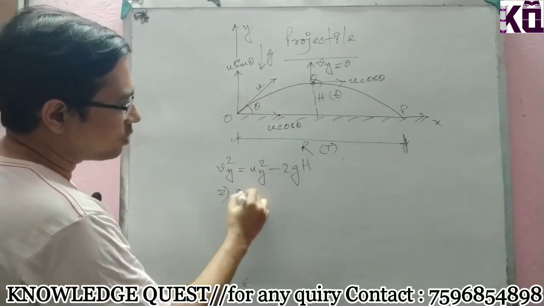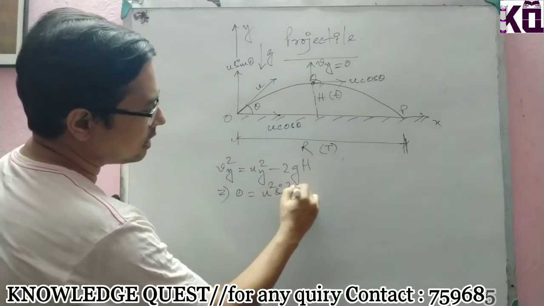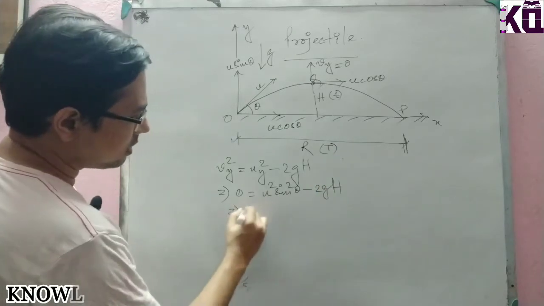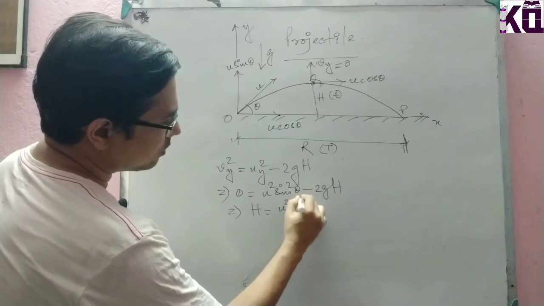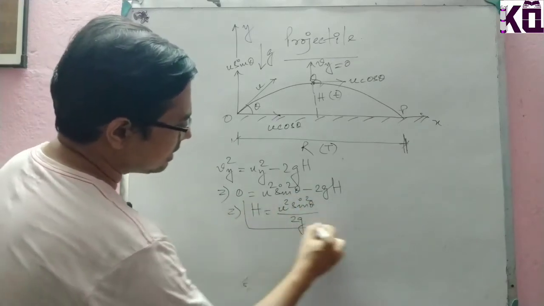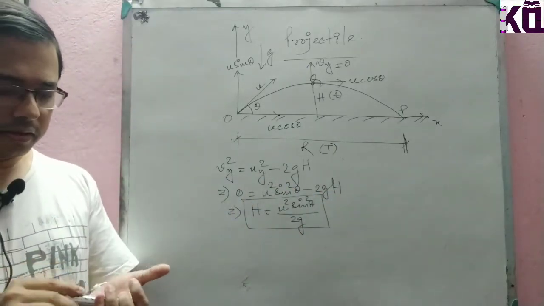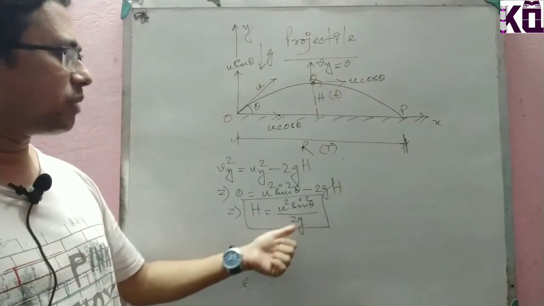At that point Vy square is 0, so 0 equals u square sine square theta minus 2gh. That means h becomes u square sine square theta by 2g. That is the expression for maximum height.